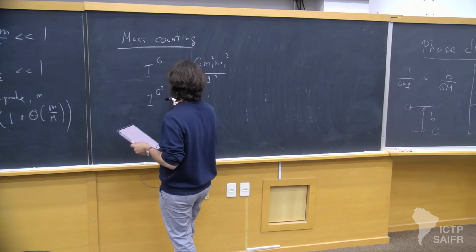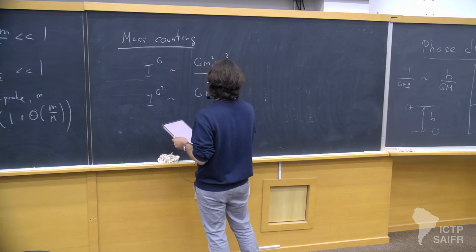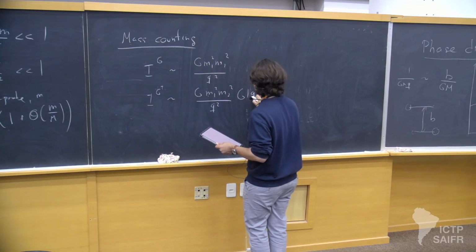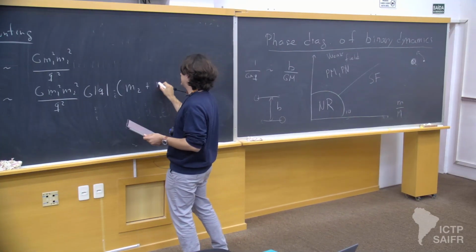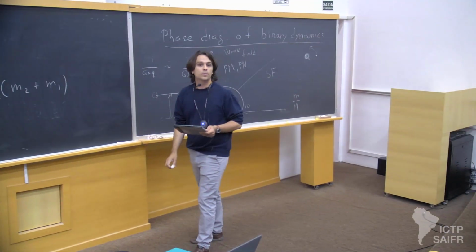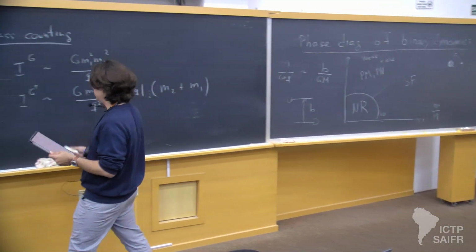At order g squared, we just computed one triangle diagram. So we had a g q, and we had m2, but there's also the other triangle diagram, which would go like m1. And then at higher orders, there would be even more things.